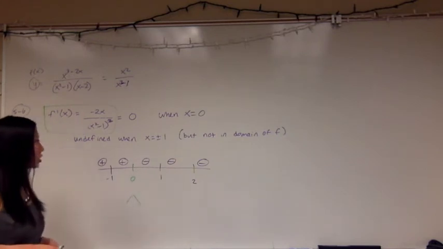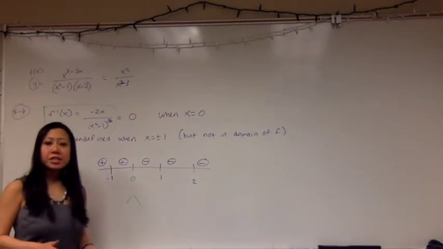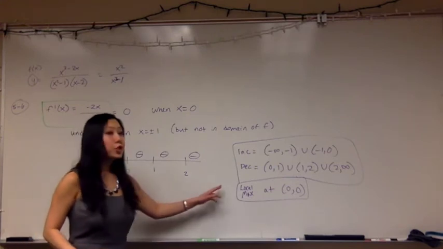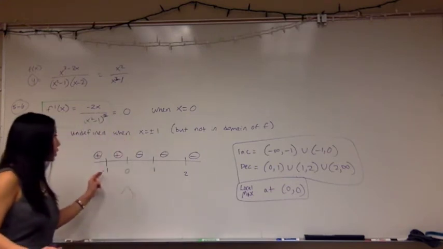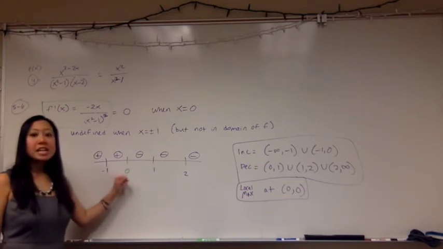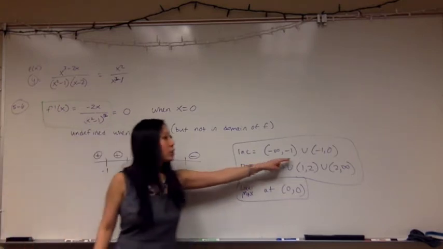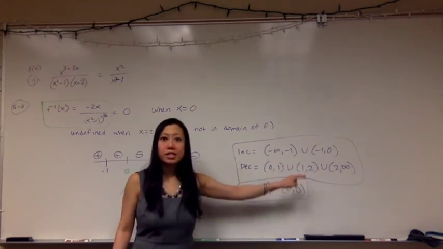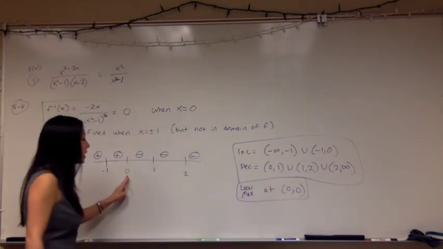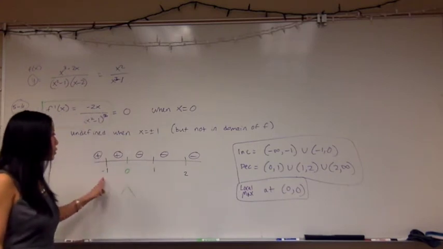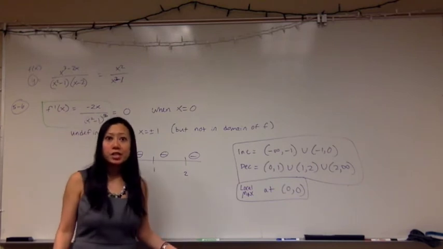So let's write out our intervals of increasing and decreasing, and then our maximum. My intervals of increasing occur where the derivative is positive: negative infinity to negative 1, union negative 1 to 0, right? So I always have open intervals when I talk about intervals of increasing and decreasing, because it wouldn't be increasing or decreasing at that critical number, and it wouldn't be increasing or decreasing at any of the discontinuities because the function doesn't exist there.